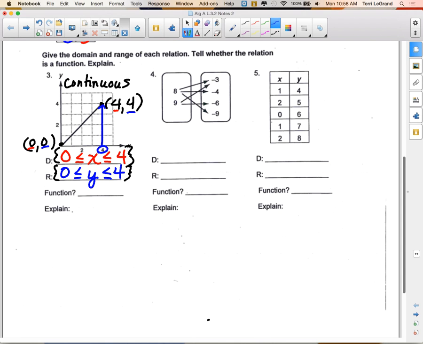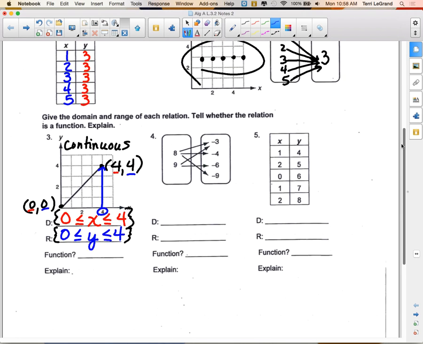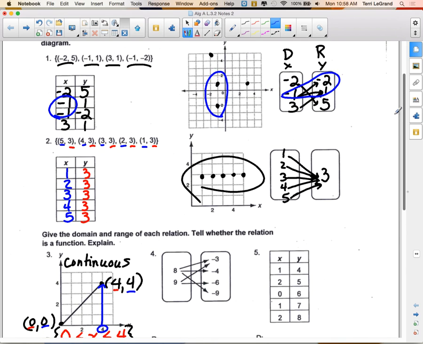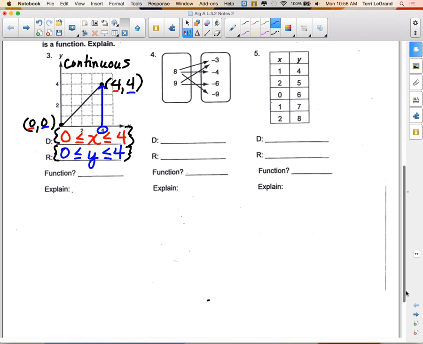Think of that. Remember what we did up here? Remember what we said? This one I said would be a function because we had no points above or below each other. This was not because we had those 2 points above and below each other. If we made a bunch of points on this little line segment, basically you could just keep making points on it, would you have any points above or below each other? No. So this is a function, we would say yes.